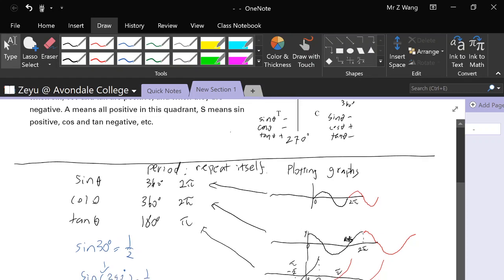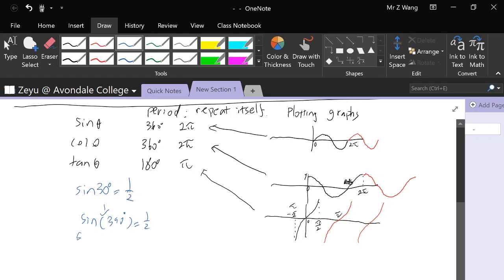And I will also know if I add another 360, that will be 750 degrees. This is also 1/2. I hope this makes sense. So if you add 2 pi, it will give you exactly the same value. That's what period means.